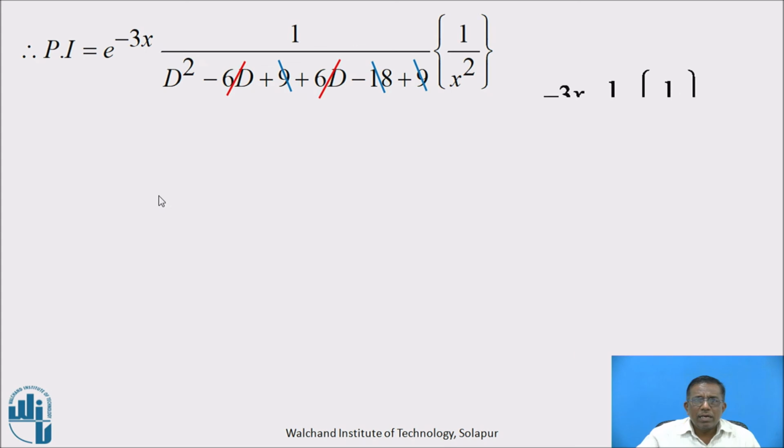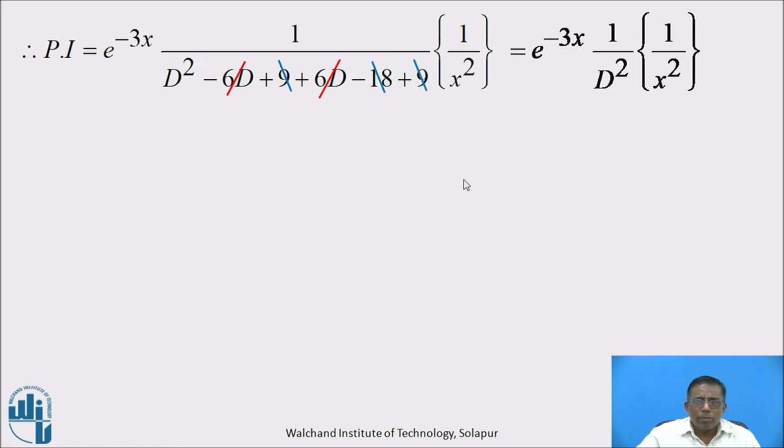Hence we get PI equals e to power minus 3x as it is into 1 upon D squared operated on 1 upon x squared. But we know that 1 by D is an integration and 1 by D squared means double integration. Therefore, PI equals e raised to minus 3x double integration of 1 upon x squared dx dx.